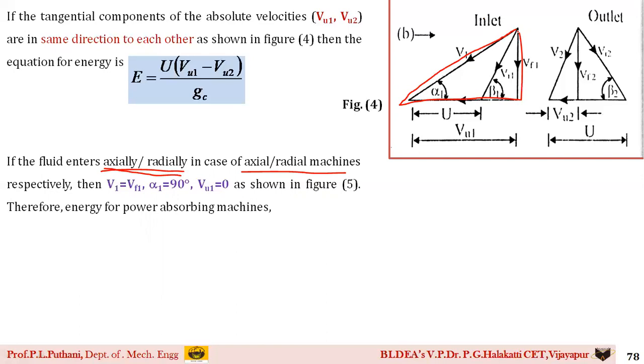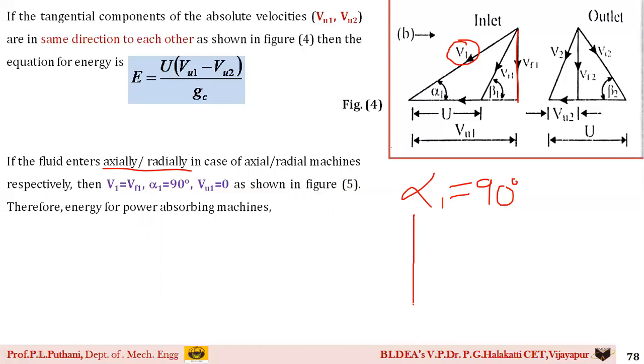Now he says here that the fluid is entering axially or radially. So when the fluid is entering axially or radially, whatever this alpha 1 is, it becomes alpha 1 equal to 90 degrees. Axially or radially, alpha 1 equal to 90 degrees means what? This velocity is overlapping on this particular velocity vector, that is Vf1.